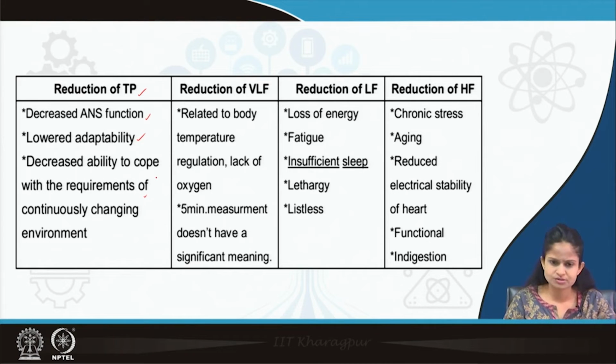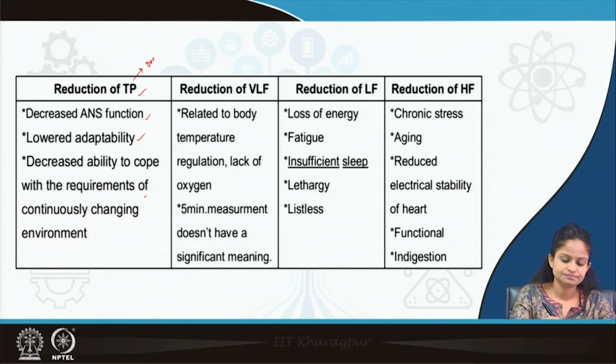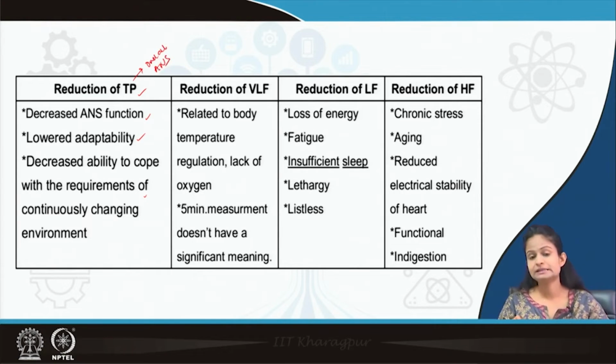Whether it is an internal or external stressor, my body is not able to cope, my autonomic nervous system is totally dysregulated. At that time there is reduction in the total power, because total power denotes the overall autonomic activity, including the circadian rhythm and the neuroendocrine variations.